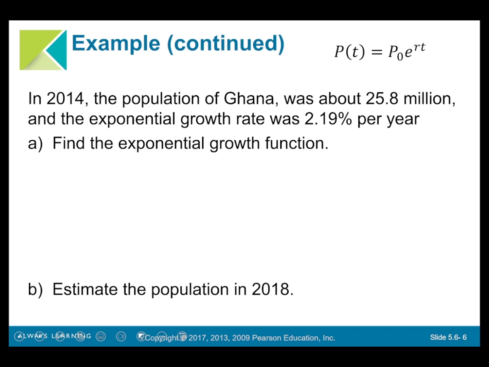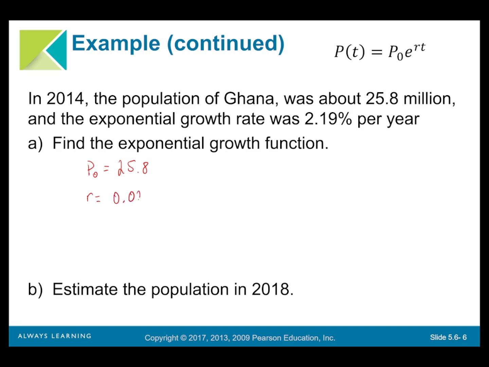So let's jump in with part A, find the exponential growth function. So this is going to come from our PERT equation, which we see up in the top right-hand corner. And we're going to want to note P0 is our starting value. Well, our starting year is 2014. And so our starting value that's given is 25.8 million. Now we're told that the exponential growth rate, that's our R value, is 2.19%.